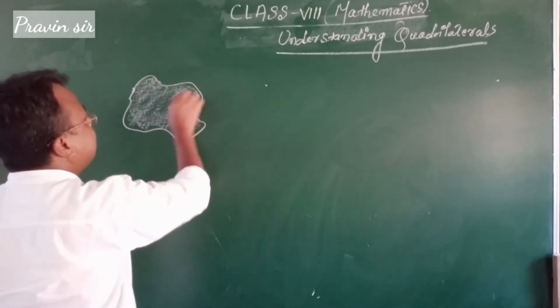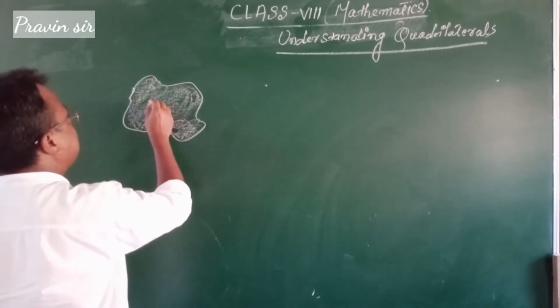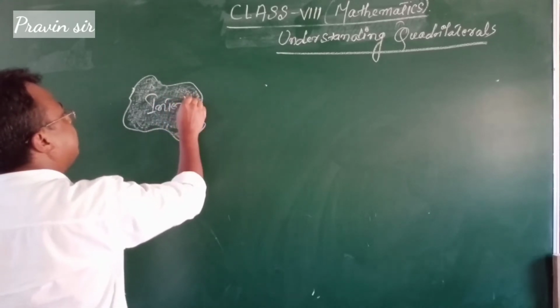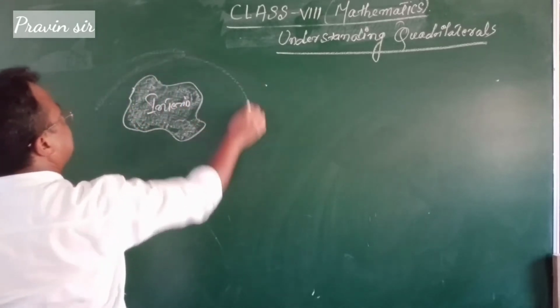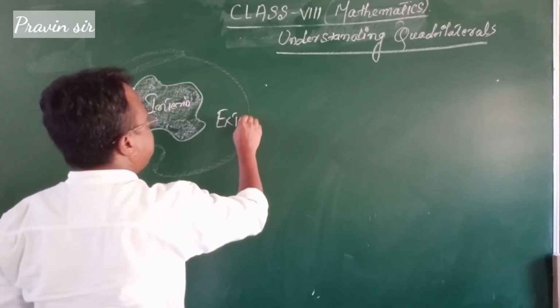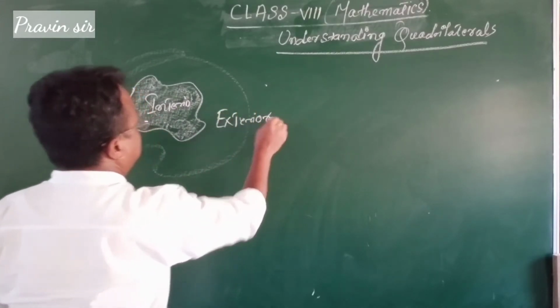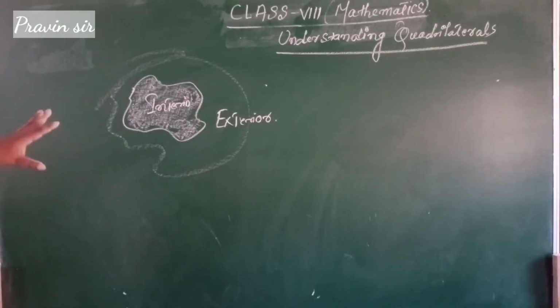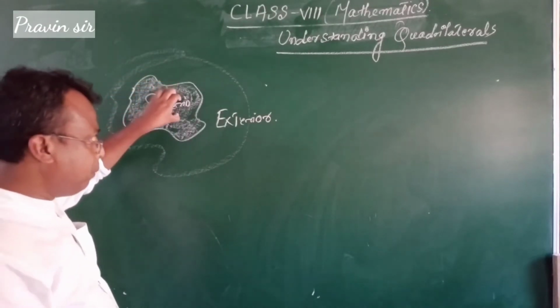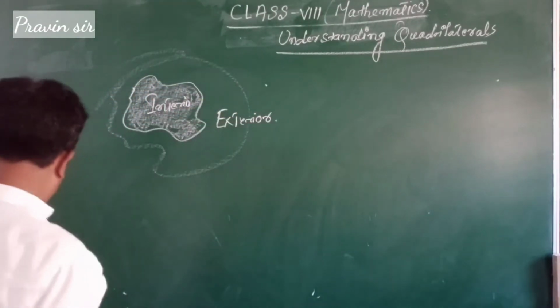This part of the closed curve is called the interior, and the outside part is called what? Exterior. So in a closed curve, this part is called the interior part, and this outside part is called what?